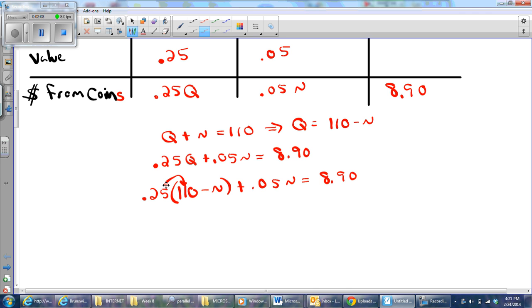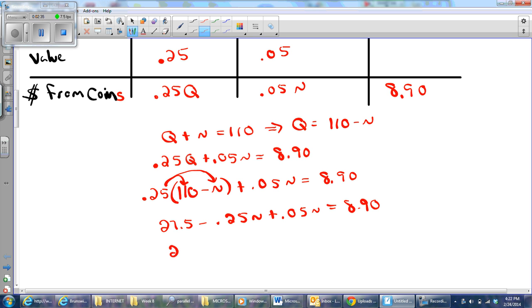Going to distribute here, and I'm going to get, let's see, half of 110 is 55, half of that is 27.50. Yeah, it's just a quarter. I didn't need to take a quarter of 110, so I cut it in half, and I cut it in half again. Minus 0.25N plus 0.05N, and that should equal $8.90.